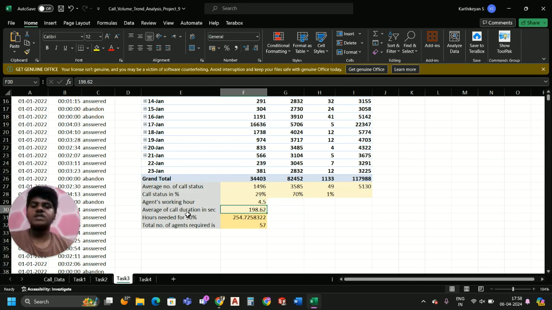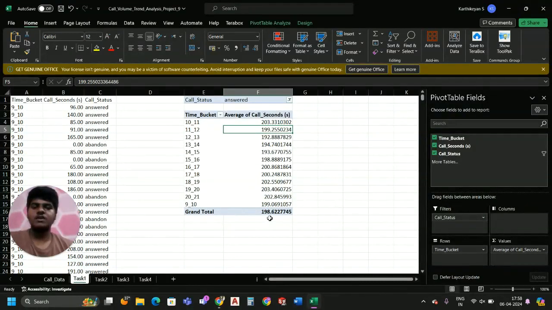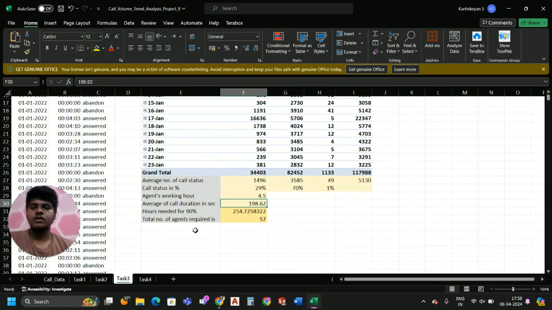To know the average call duration in seconds, we have done it in task 1. I took the same one, the average call seconds of answered calls. In order to increase the answered rate from 70% to 90%, I have used this formula.